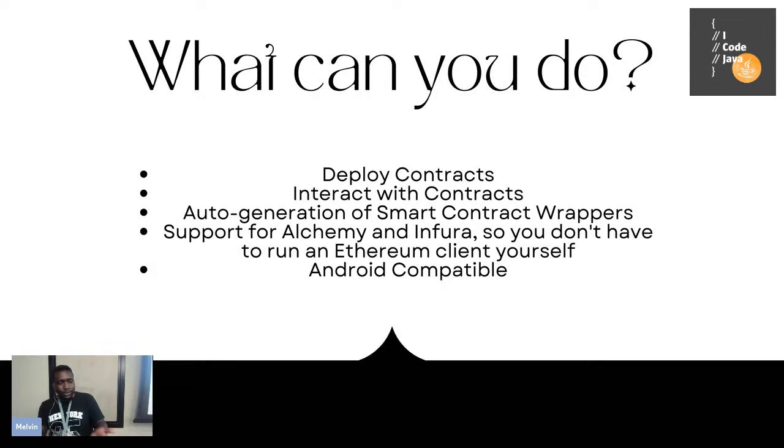What's in it for them? And that is gas. If you build a smart contract, you essentially pay gas to deploy this contract, and anyone who has to make a transaction on this network has to pay that gas.